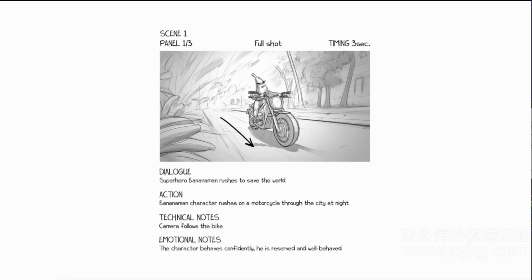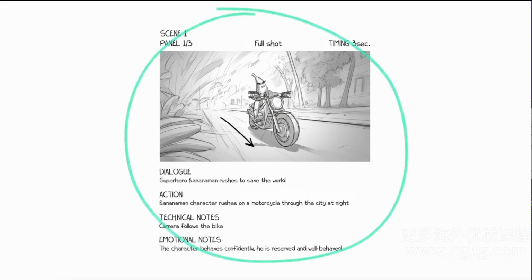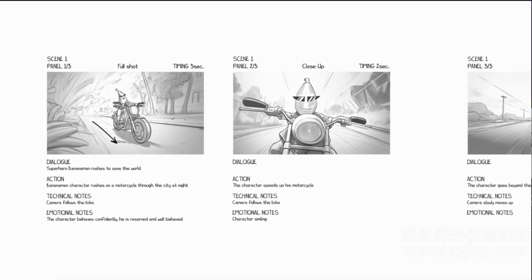Panels and scenes are different in the context of a storyboard. Here's how. Panel. A panel represents a single shot or viewpoint in a storyboard. It's a visual and sometimes annotated sketch that portrays what will appear in a specific shot on the screen. It may include details like camera angles, movement, and critical actions of characters or objects. Scene.